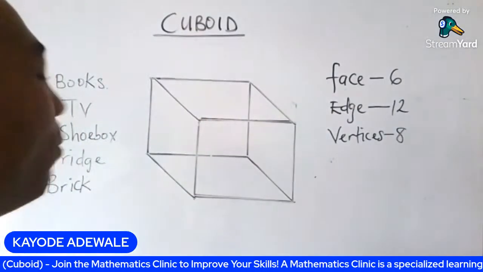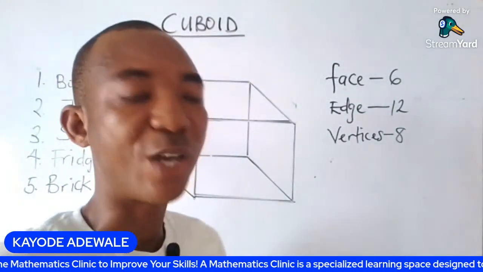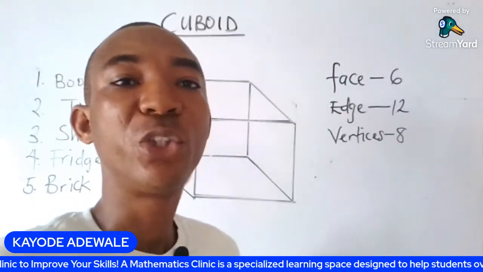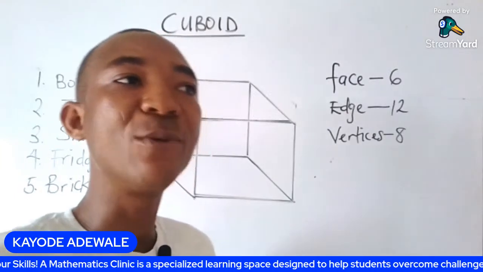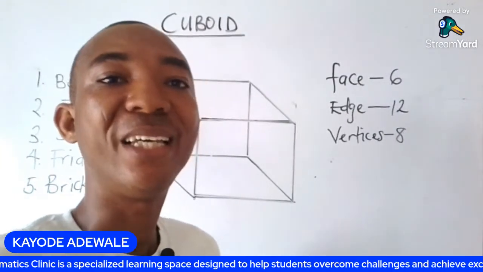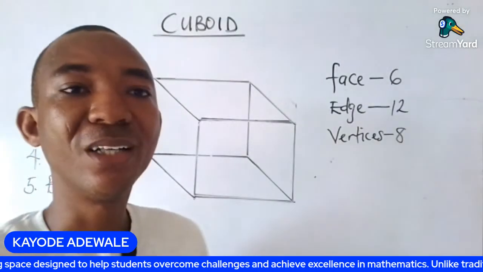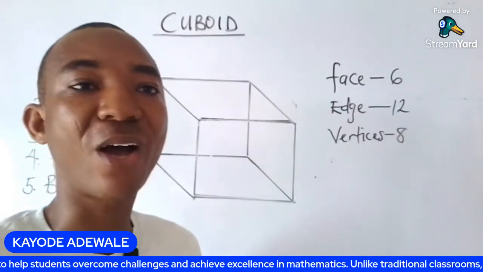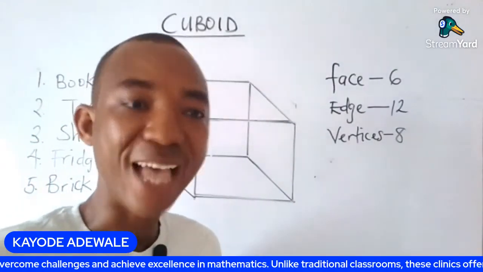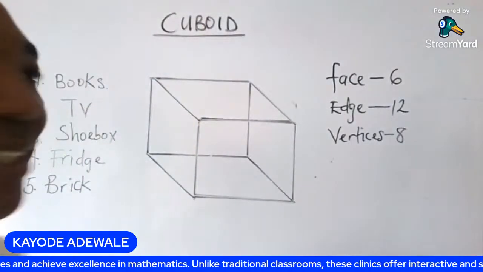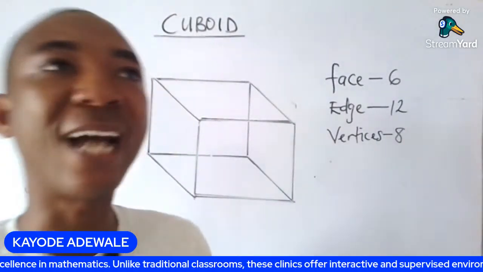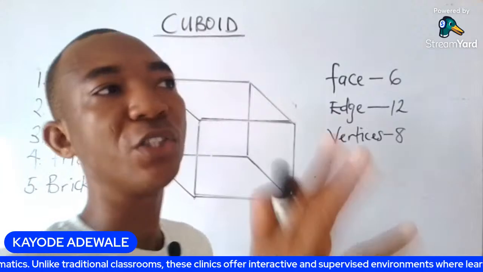Now, what object at home? Your shoe box. When your mommy bought you a new shoe, that box where you remove the shoe is cuboid. What else again? Your refrigerator. Yes, when you look at your refrigerator, it looks like cuboid. What other things? The brick, that brick they use to mold your house.